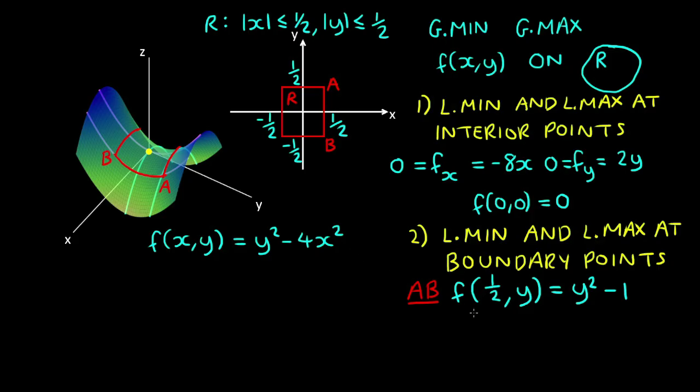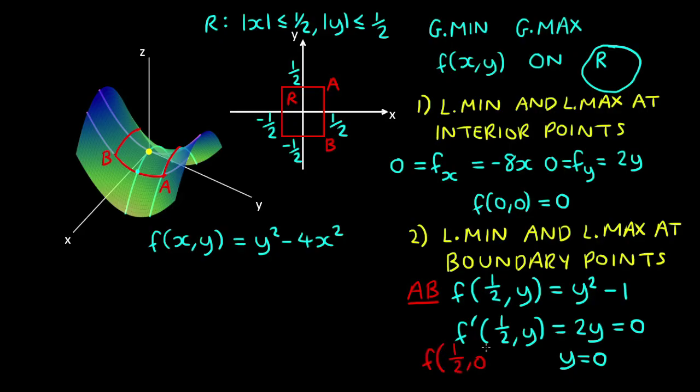So if we differentiate this function, we get 2y, and setting this equal to 0, we get one interior point where the derivative is 0. So that's at y is equal to 0, which is this point over here. So at y is equal to 0, we have the function at 1/2 and 0 evaluating to -1.